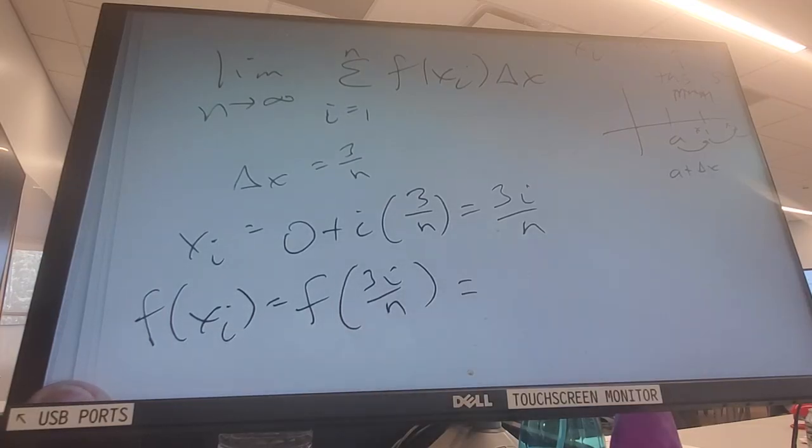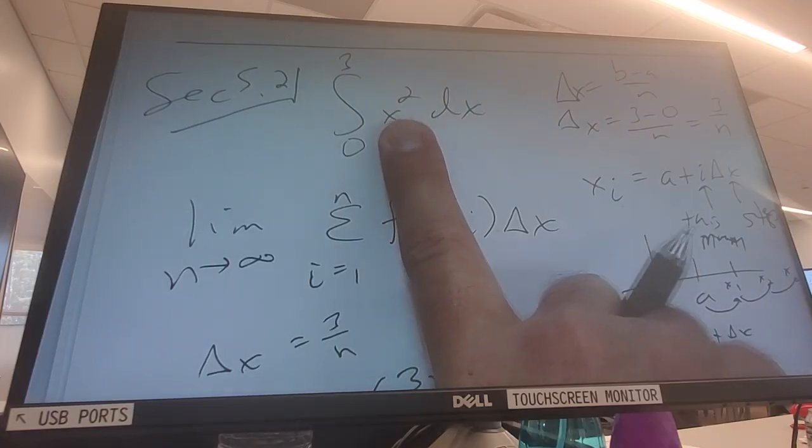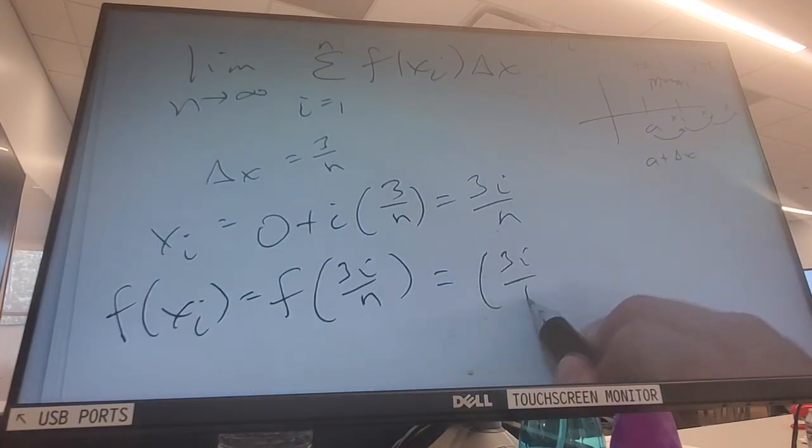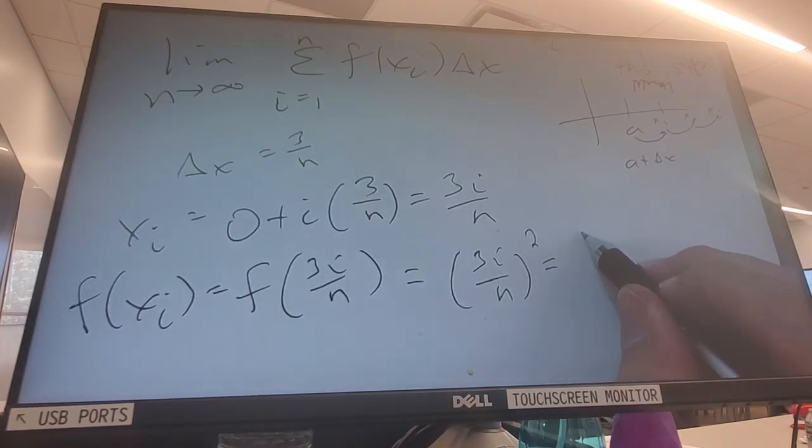And what does my function say to do? Whatever you put into it, you square it, yes? So then I'm going to square this. So what do I get? Yeah, 9i squared over n squared.